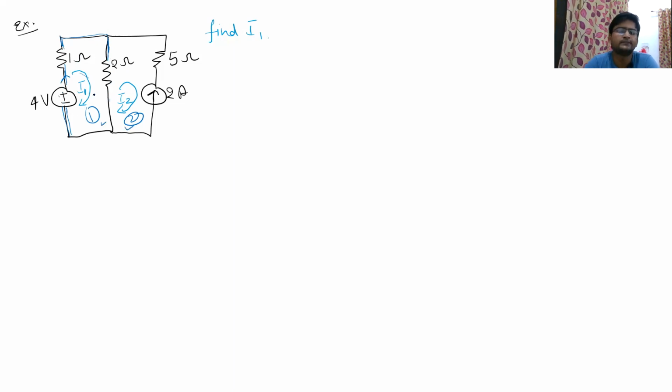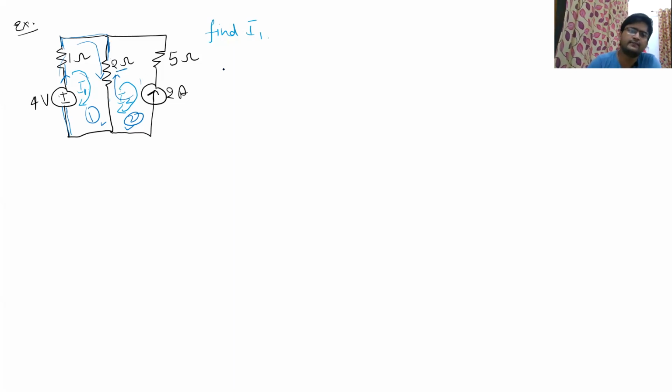So in this branch, both these currents I1 and I2 will be flowing. So you can see that I1 is going in clockwise direction and it will be moving in this branch like this. But I2 is moving in this direction and it will be moving in its common branch like this. So if you want to have the value of current in this 2 ohm branch, you will have to take the difference of I1 and I2.